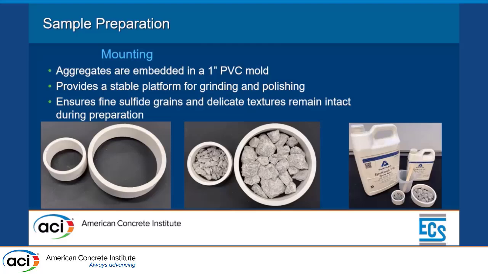Sometimes we vacuum impregnate if we're looking at a porous aggregate, like the schist that we saw in Connecticut, to really get a nice suitable sample for polishing. On one side of the mounting board, we use a sticky mounting board to prevent the epoxy from seeping underneath those PVC pipes.